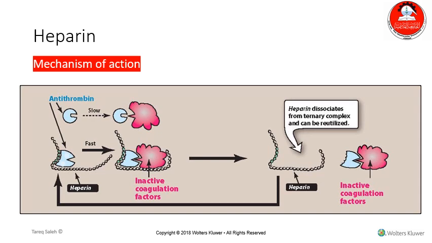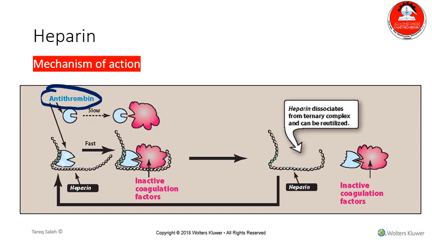So let's discuss the mechanism of action of heparin. Remember that we said that antithrombin 3 is the protein that antagonizes the function of thrombin and coagulation factor 10.